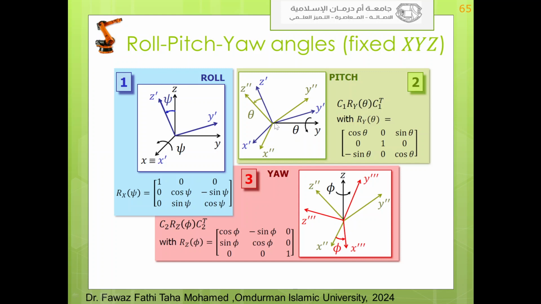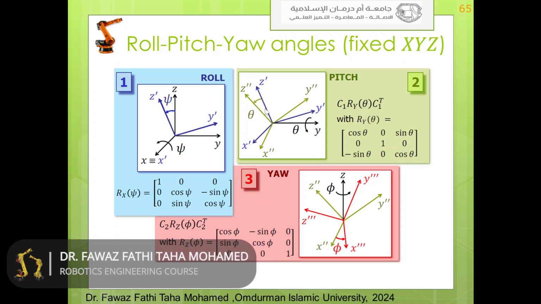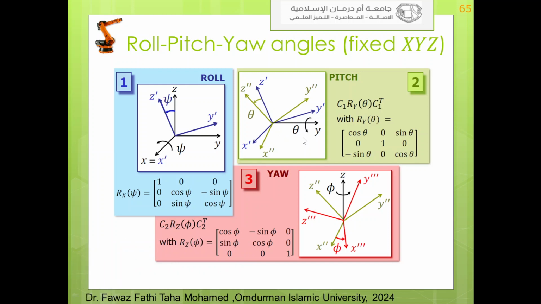Okay, and now we obtain the x double dash, y double dash, z double dash frame, rotated with angle theta around the fixed frame xyz, around the y-axis of the fixed frame. Okay, Ry.